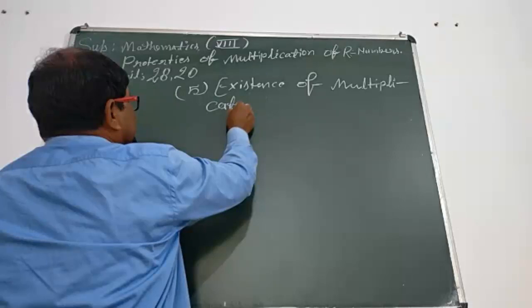For a rational A upon B, there exists a rational B upon A in such a way that A upon B multiplied by B upon A gives 1.